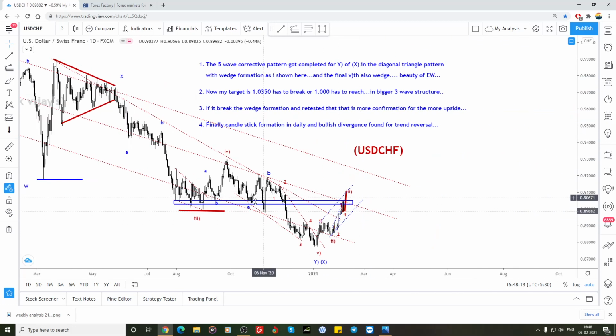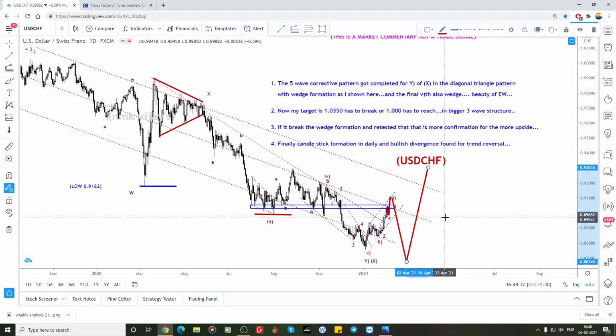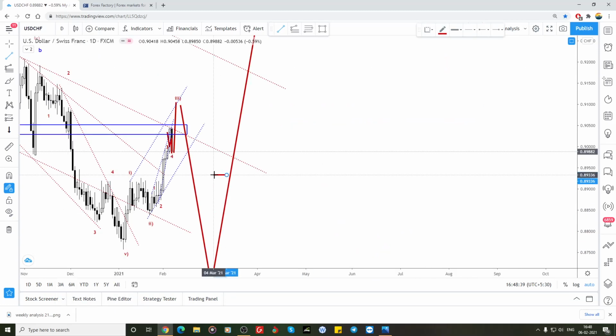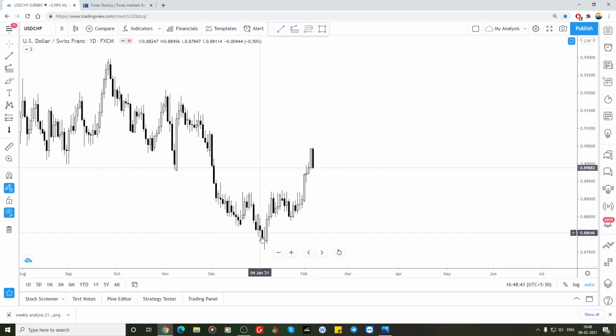After that, the 3-wave structure is the fourth. Here I said it's a confusion, right? So if it is the fourth, this is the A, this is the B, and there is a lot of chance for making one more low, and then again it can go back. But in this daily chart there is a perfect doji, and this is a 3-wave structure also.